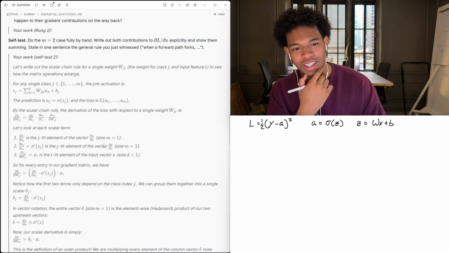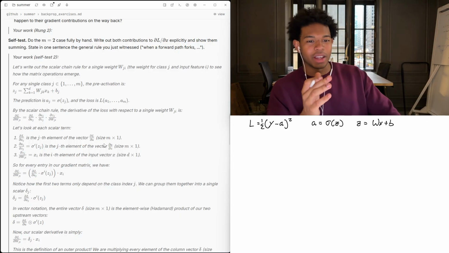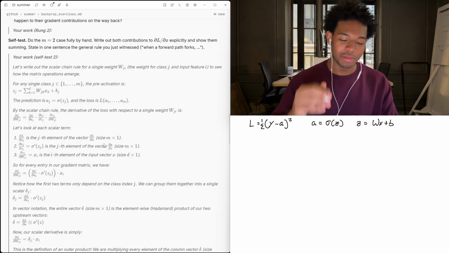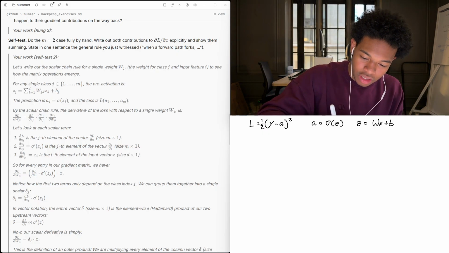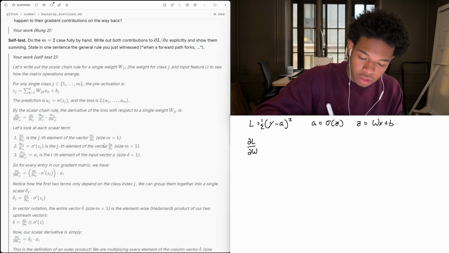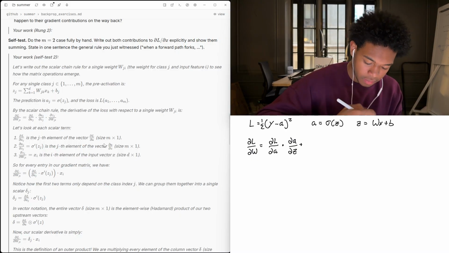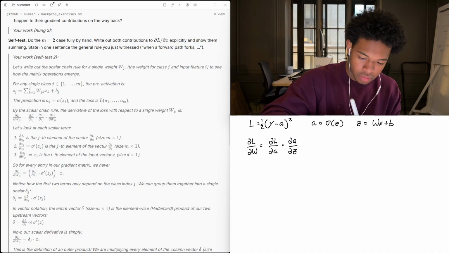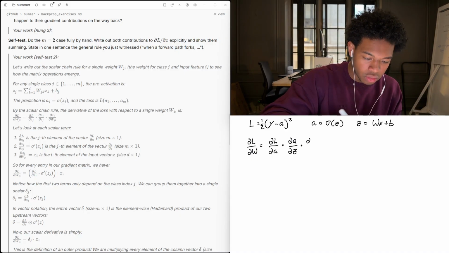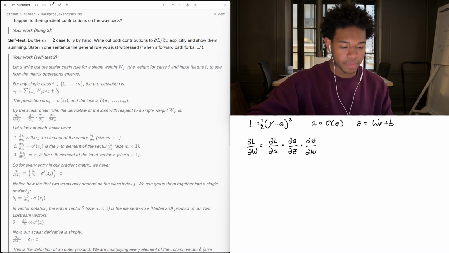Let's see, the partial derivative of L with respect to w equals the partial derivative of L with respect to a, times the partial derivative of a with respect to z, times the partial derivative of z with respect to w.